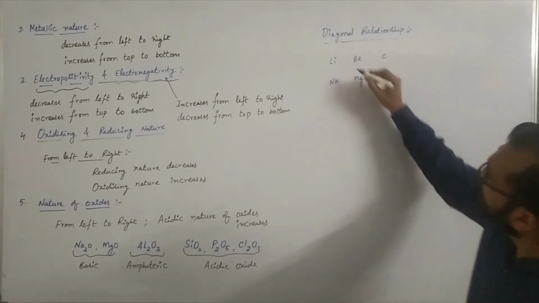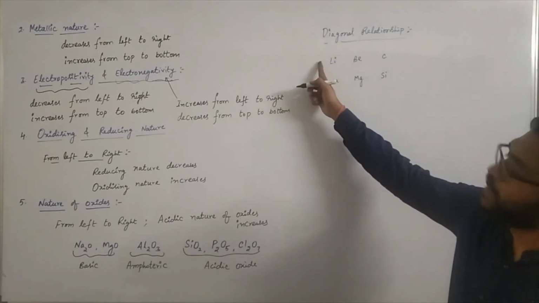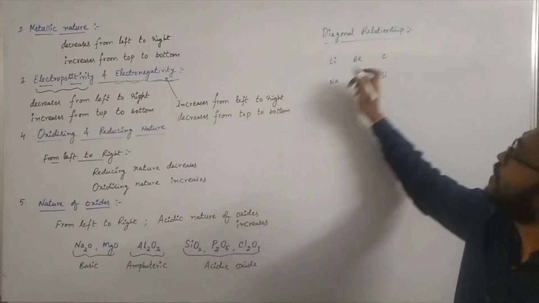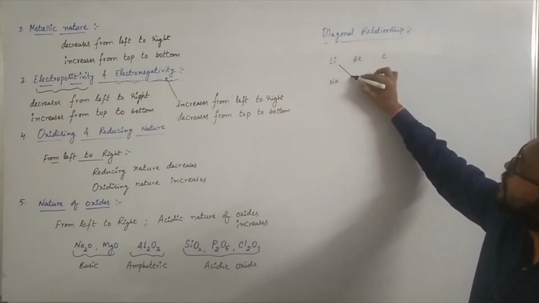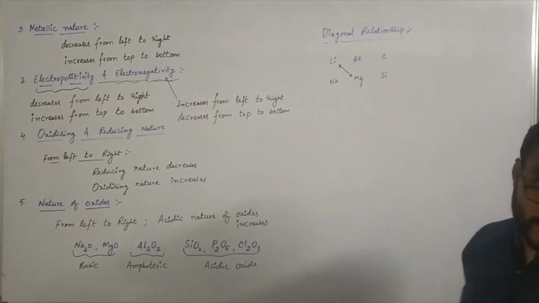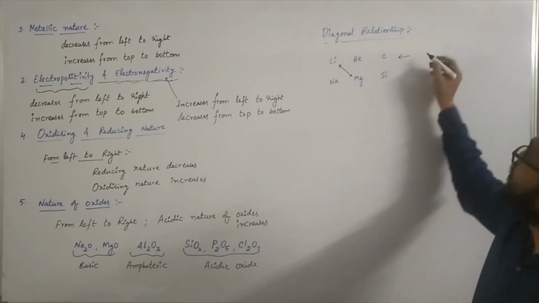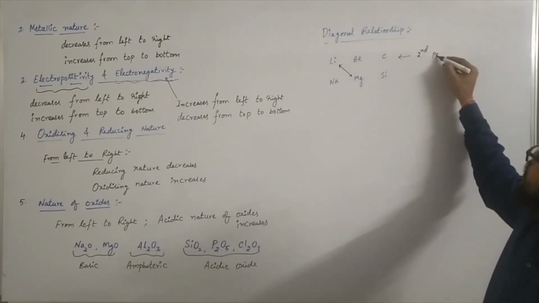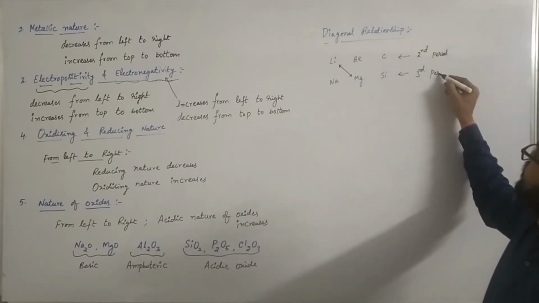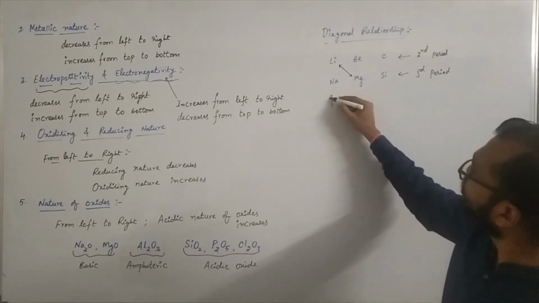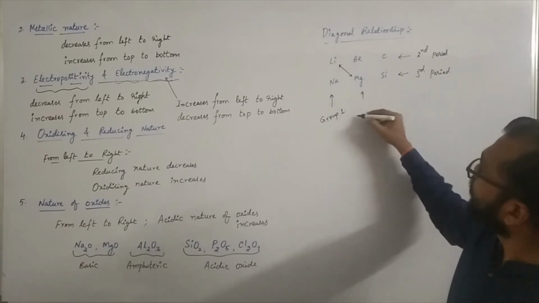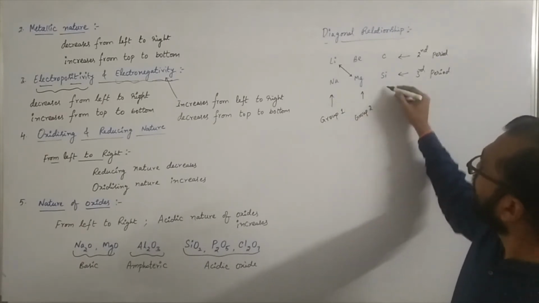So the element of period 2, group 1, shows a similarity in properties with the group 2, third period element. These are the elements of second period, and these are the elements of third period, group 1, group 2, group 3.